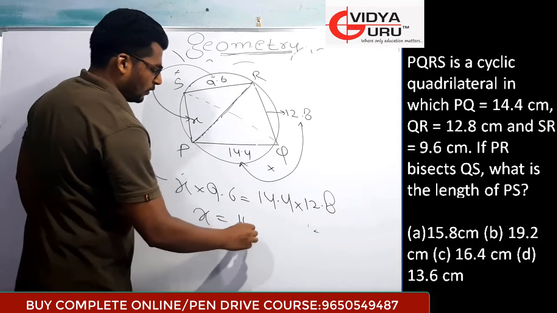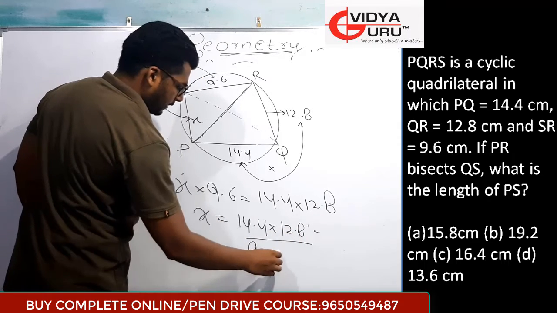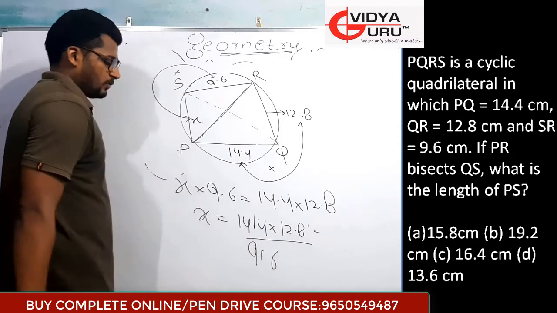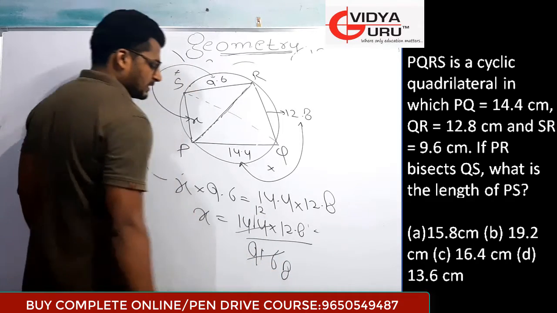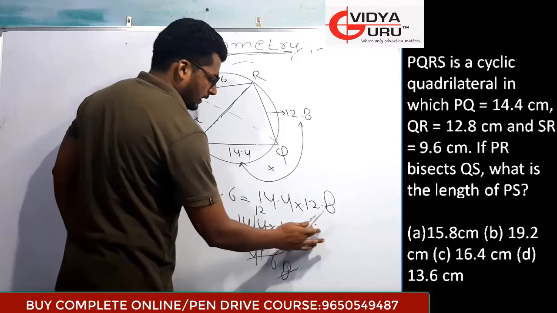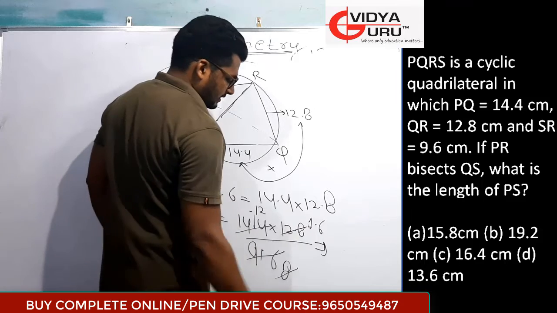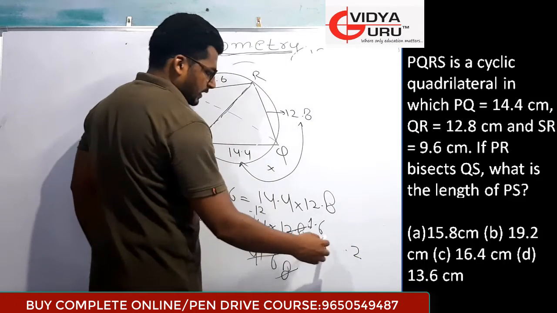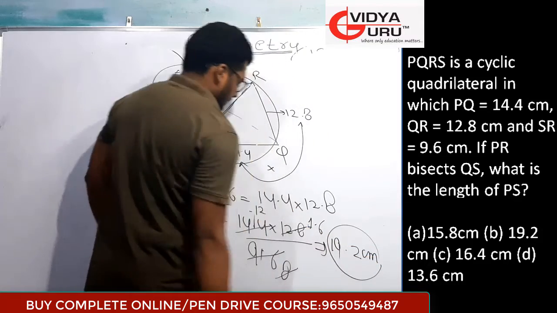X will be equal to what? 14.4 into 12.8 by 9.6. If I remove the decimals, 144, 128, 96, 12 times 8 is 96, 8 times 6 is 48... multiplying, it comes to 19.2 centimeter.